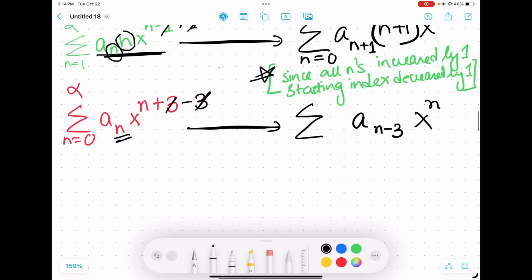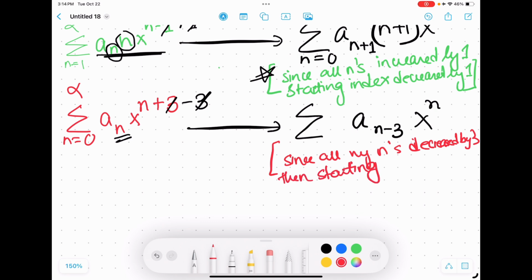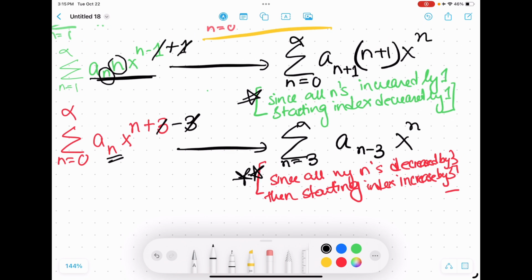But here, since all my n's decreased by 3, then drum roll, the starting index would increase by 3. So that means now n will be equal to 3 instead of 0. So we have successfully transformed our exponents to x to the power n.